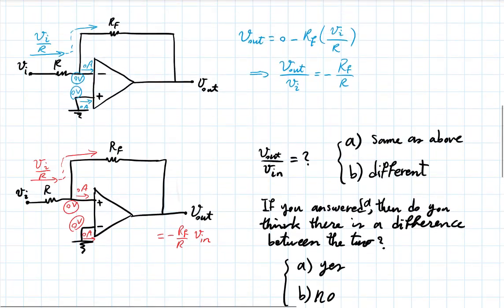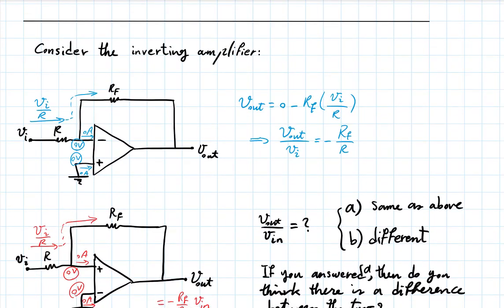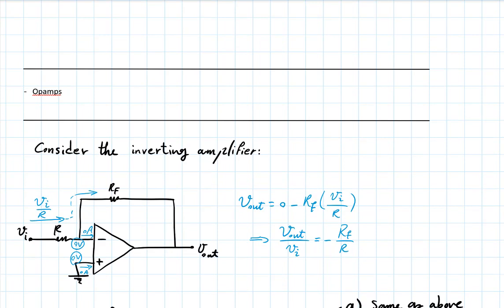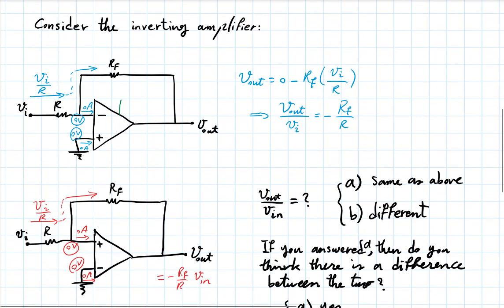Let's think a little bit about the first circuit. Assume I built this circuit in the lab. And so I assume that the op-amp has these voltage supplies. So let's say it's powered up by plus 15 volts and minus 15 volts.